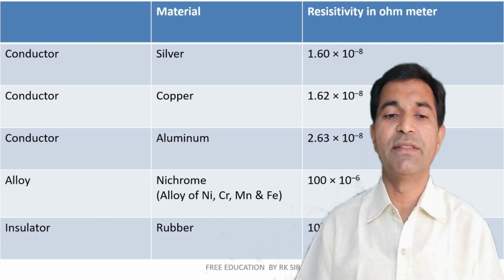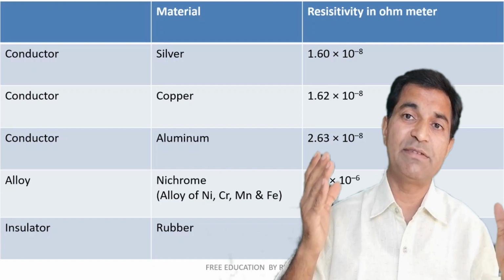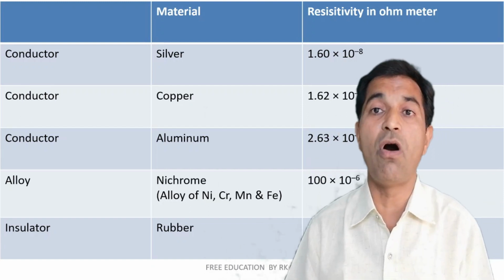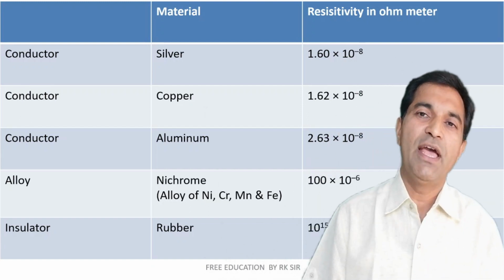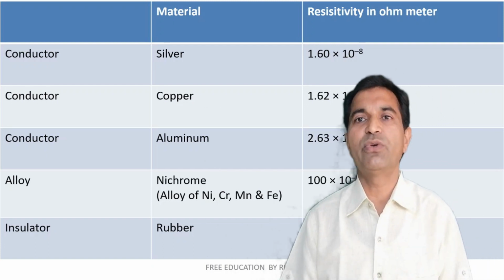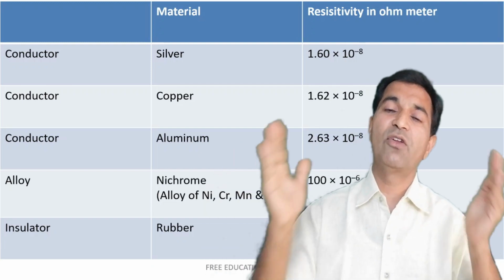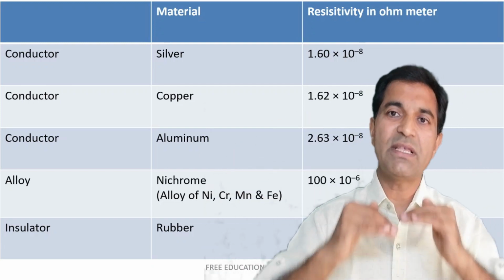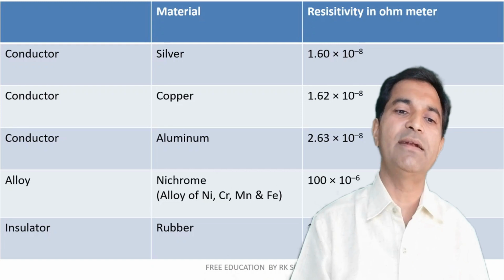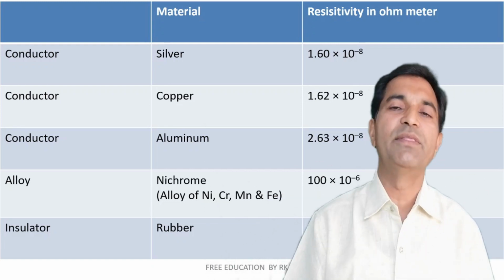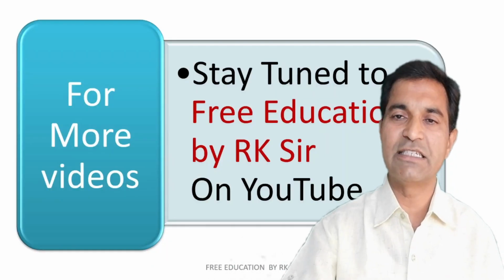And now see the insulator, rubber, it is having resistivity of 1 into 10 to the power 15 ohm meter. So these figures you need not remember, they are just for your reference, that conductors are having lower resistivity, alloys are having much higher resistivity than the conductors, and insulators, they are having extremely high resistivity.